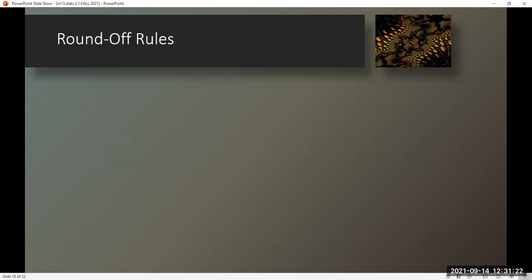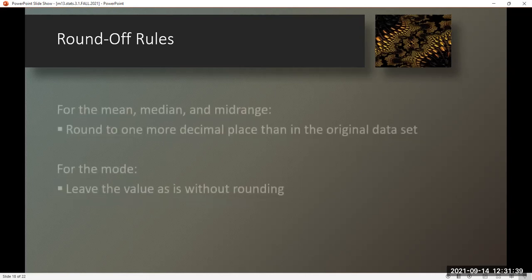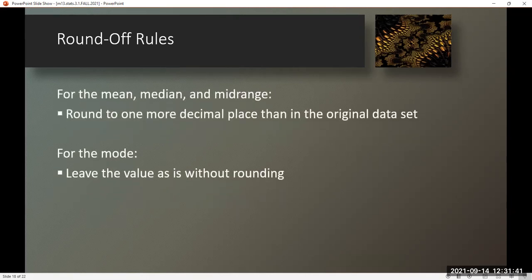Now, let's talk a little bit about rounding these types of values. We have a number of rounding rules this semester. A lot of them are really based on this particular rule we're about to use. Some of them are a little odd, but really not. So for the mean, the median, and the mid-range, we want to round our summary data, the statistics, to one more decimal place than in the original data set.